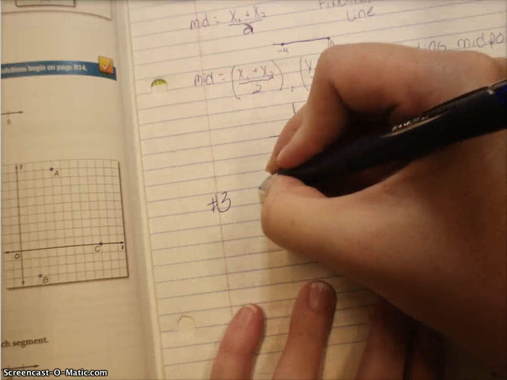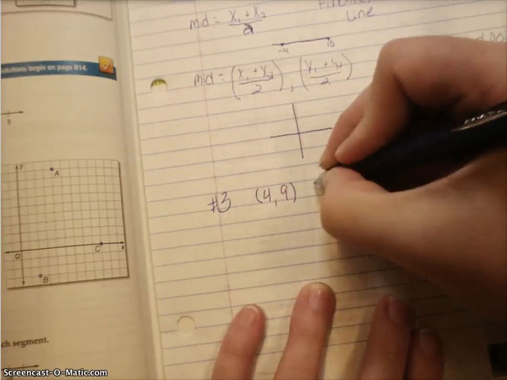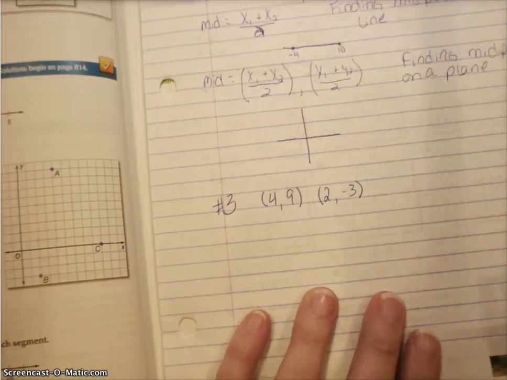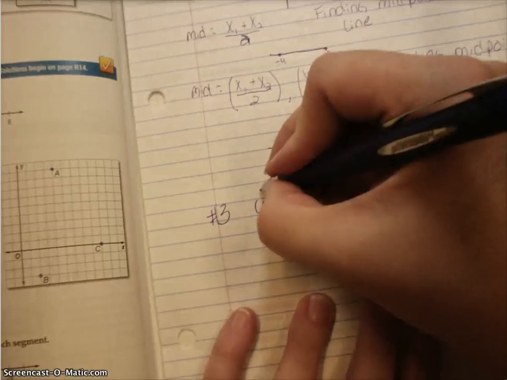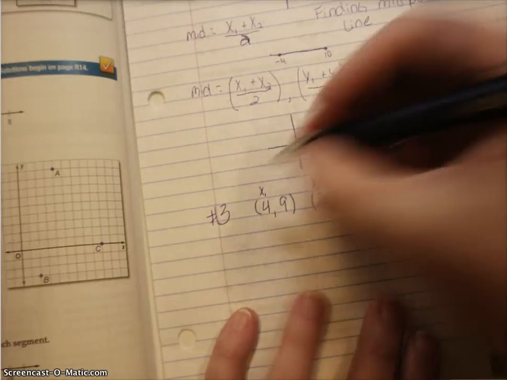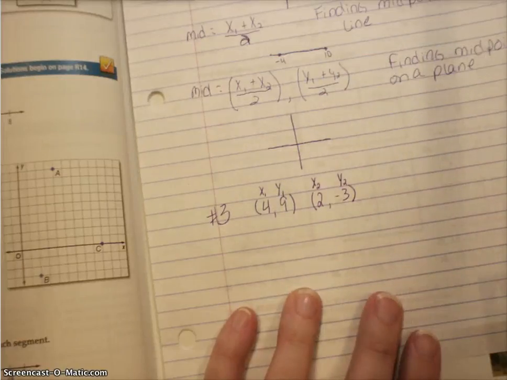First thing you're going to do is write that down. 4, 9, and 2, -3. Then I suggest you go ahead and label x1, x2, y1, y2.